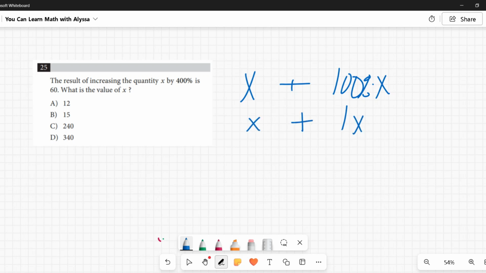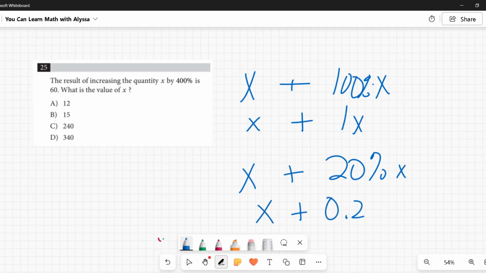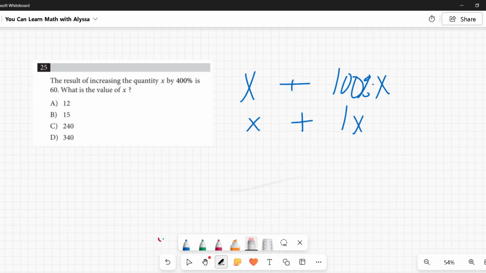And 100% is the same as 1. If this was increasing x by 20%, you'd say, okay, what is 20% of x? And then I'm going to add that to the original value. So it would be x plus, convert it to a decimal, 0.20x. Now this one has been increased by 400%.